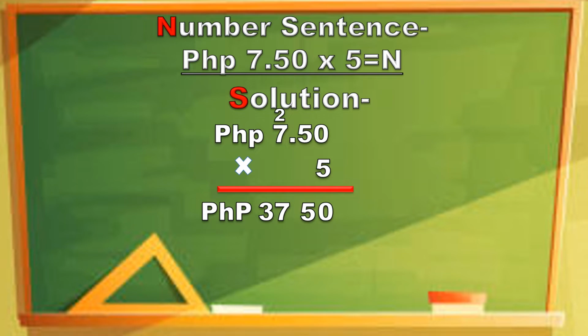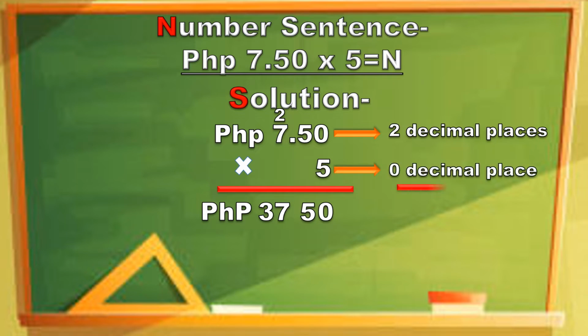We just have to count the number of decimal places in our factors. Our multiplicand has 2 decimal places. Our multiplier has no decimal place. Therefore, the total number of decimal places our product must have is 2. So where do we put our decimal point?